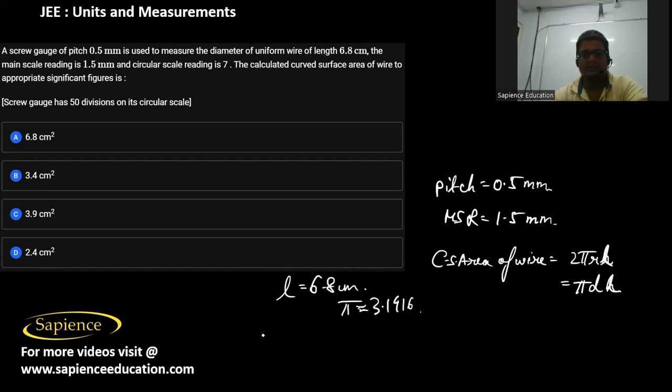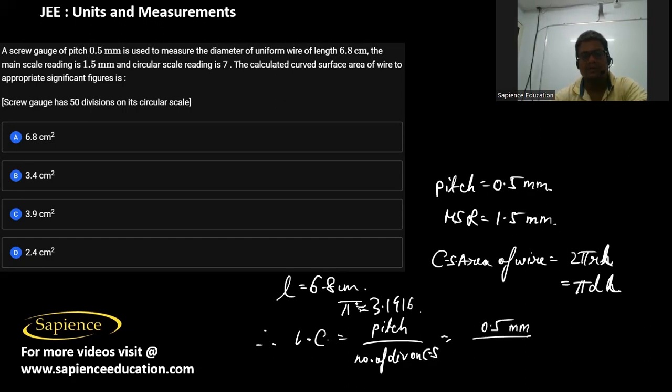And therefore, the screw gauge has 50 divisions on its circular scale. So the least count of the screw gauge is the pitch divided by the number of divisions on the circular scale. So pitch is 0.5 millimeter divided by 50, that will be 0.01 millimeter.